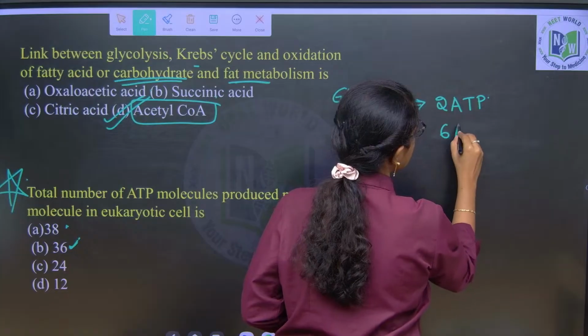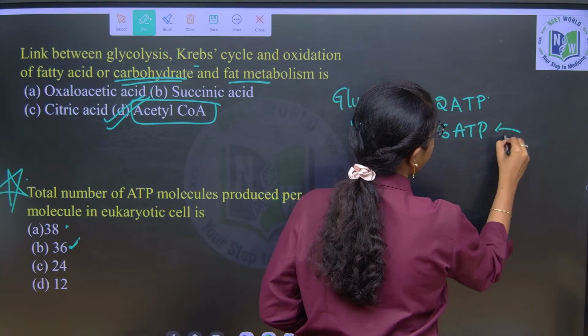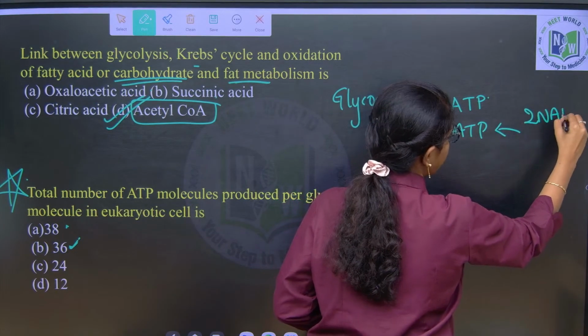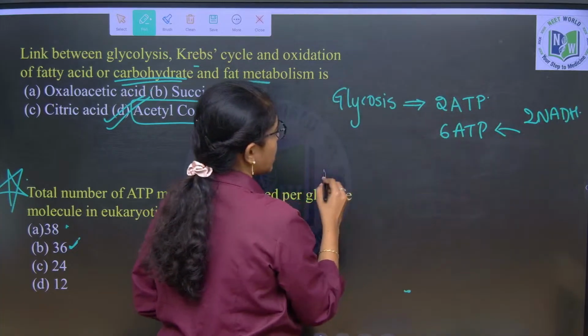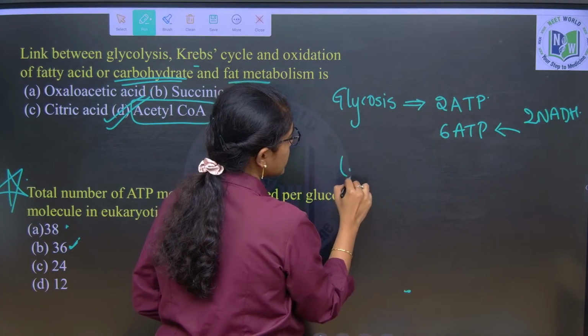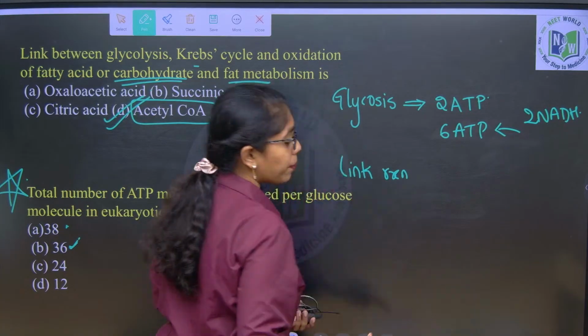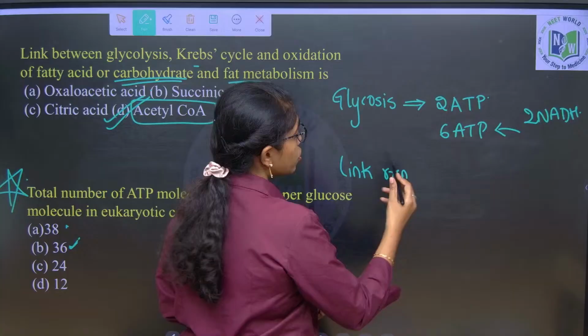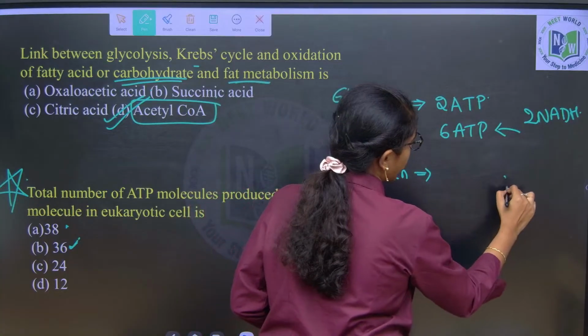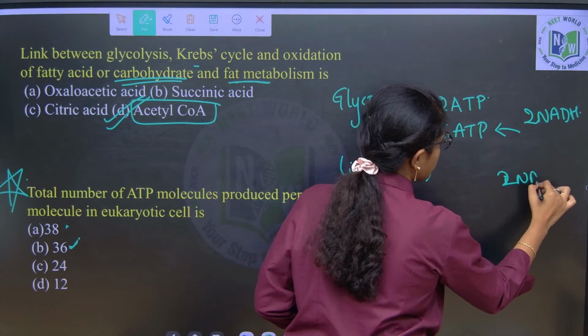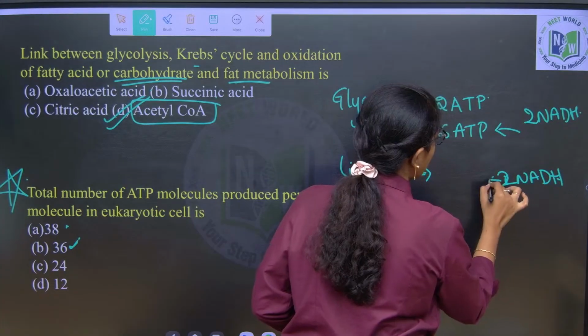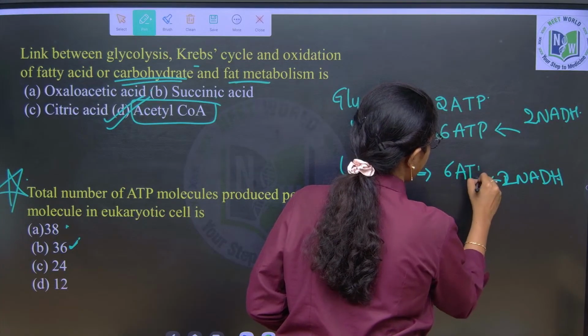Clear? Next. After glycolysis it is the link reaction. 2 link reactions will happen for 1 glucose molecule. So here 2 NADH again, which gives out to be 6 ATP.